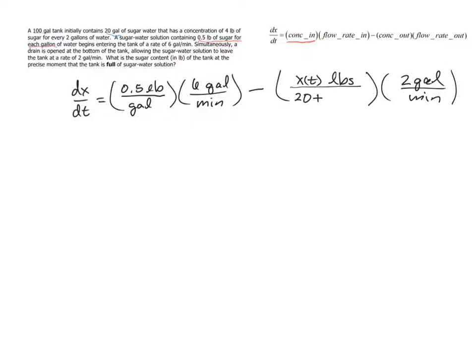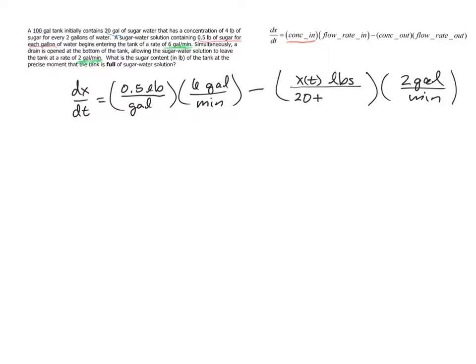And then you'll notice that if we have solution going in at 6 gallons per minute, but it's leaving at a rate of 2 gallons per minute, then the net change is 4 gallons per minute. So that's going to be 4 gallons per minute times the number of minutes that's passing. In other words, at time 0, there's no extra liquid.